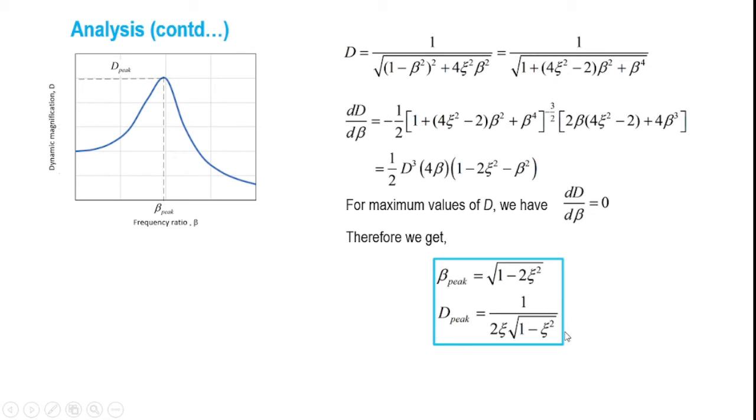And for an assumed damping ratio c, the peak value of the dynamic magnification factor, D peak, is equal to 1 divided by 2c into square root of 1 minus 2c square.